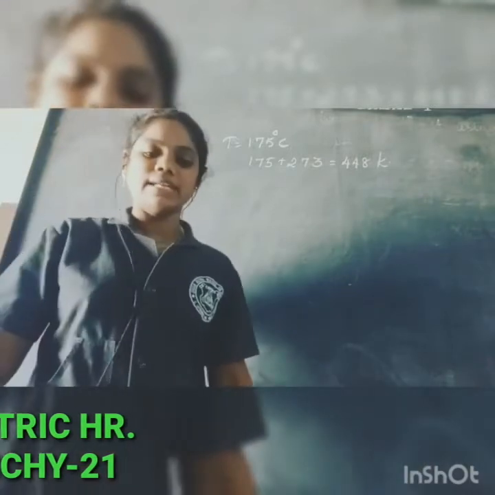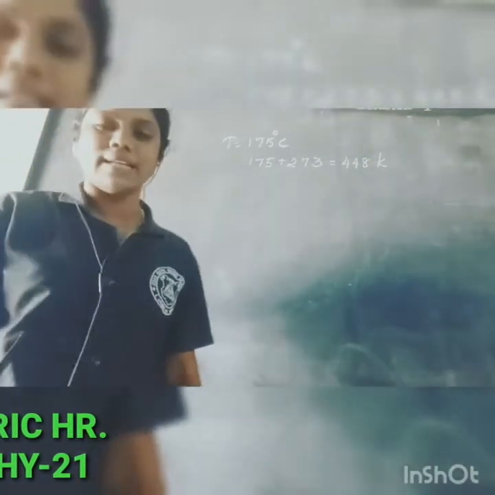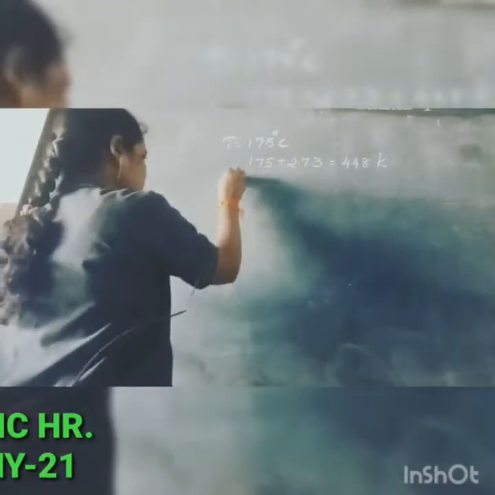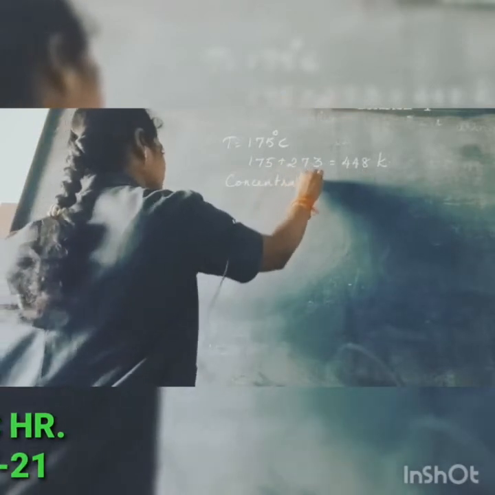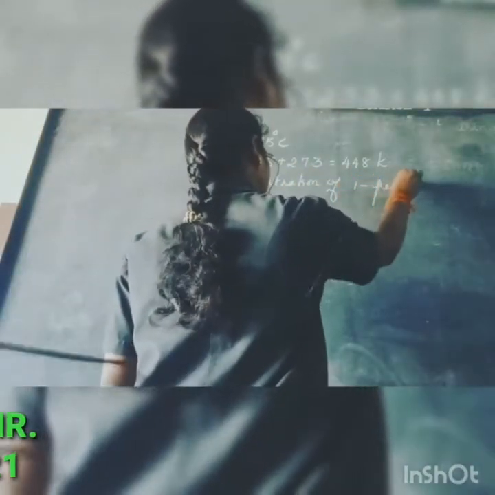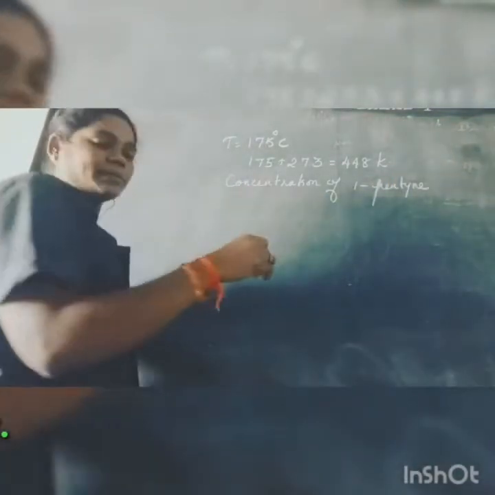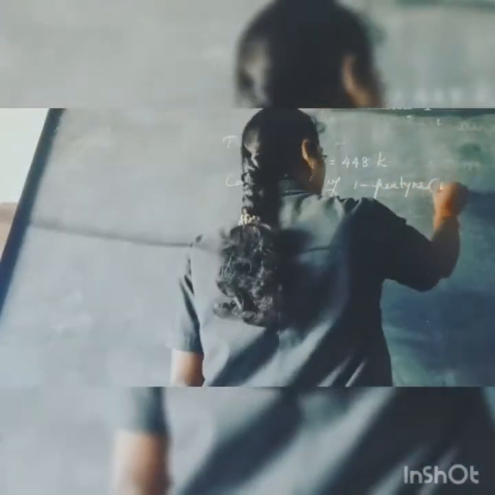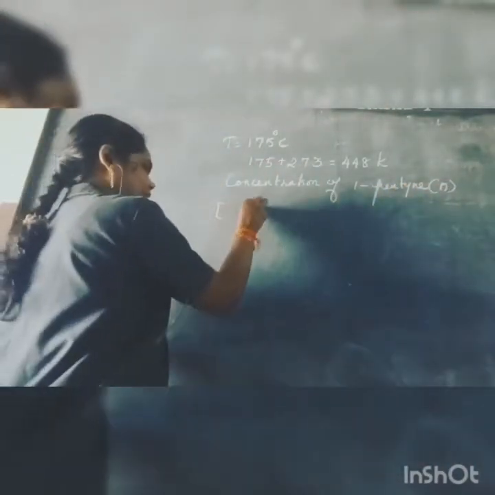And then what is given in the question? Active mass of A, that is concentration of 1-pentyne, so this is A. Concentration is represented by square brackets, that is active mass.